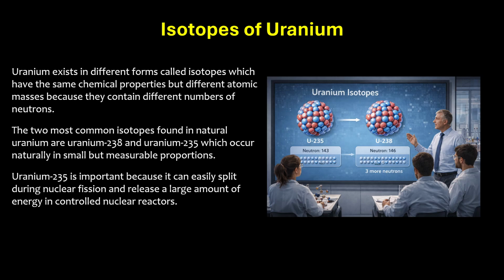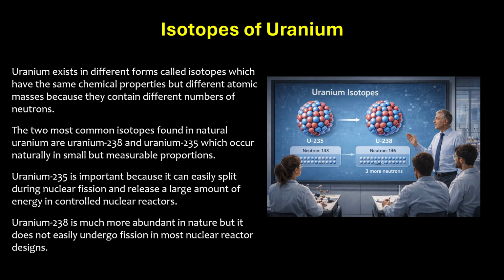Uranium is important because it can easily split during nuclear fission and release a large amount of energy in controlled nuclear reactors. Uranium-238 is much more abundant in nature, but it does not easily undergo fission in most nuclear reactor designs.